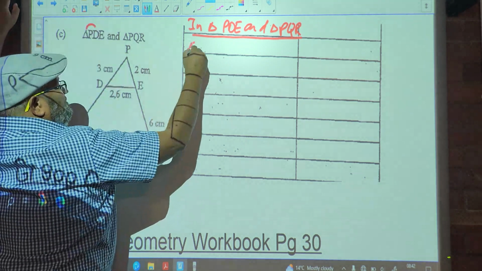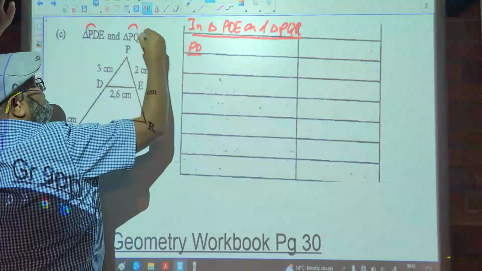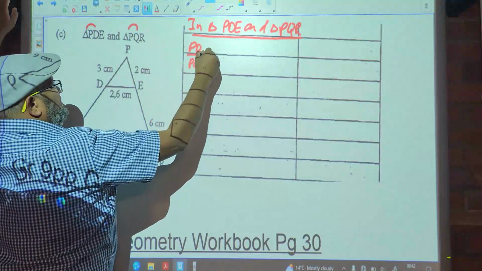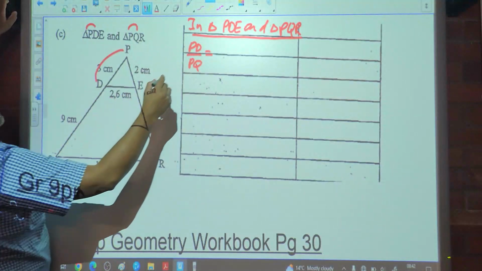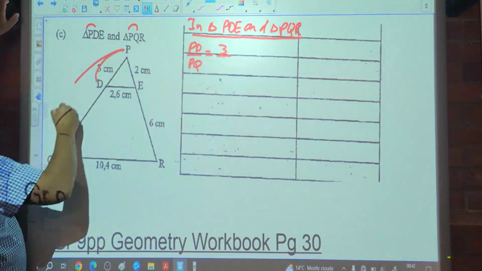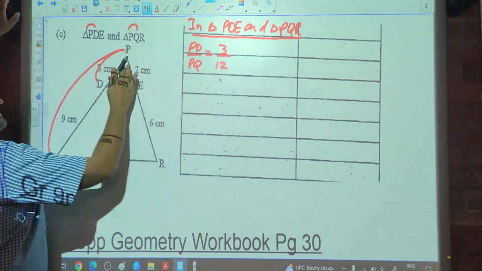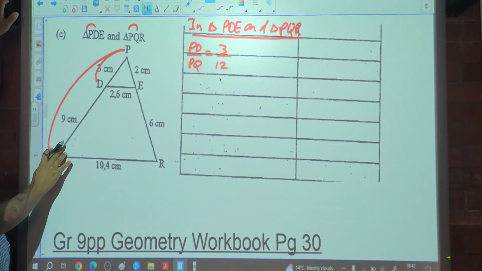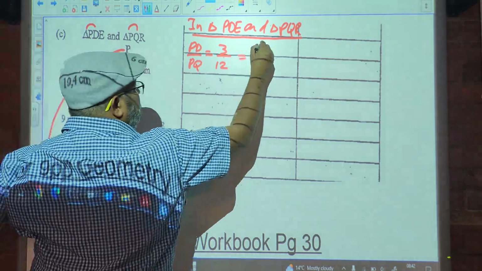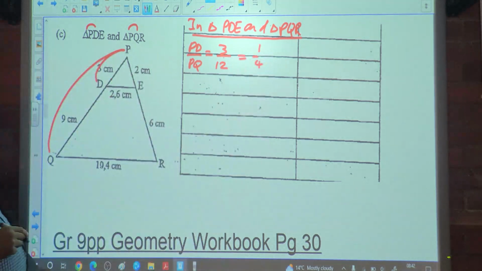We are firstly going with PD over PQ. PD is 3 over PQ, which is 9, 12. Why? Because that's 3 plus 9. And that's going to give you a quarter.